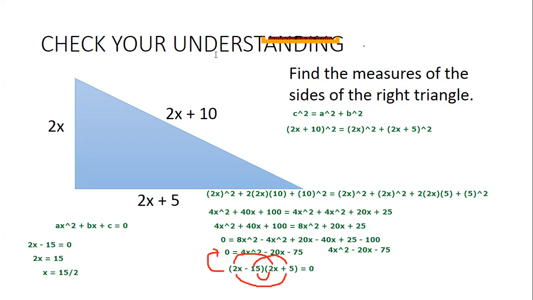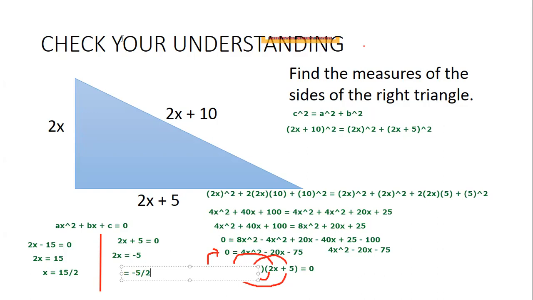On the other hand, we get the other root. 2x plus 5 equals 0, subtracting from both sides, 2x equals negative 5. Dividing both sides by 2, x is equal to negative 5 over 2.